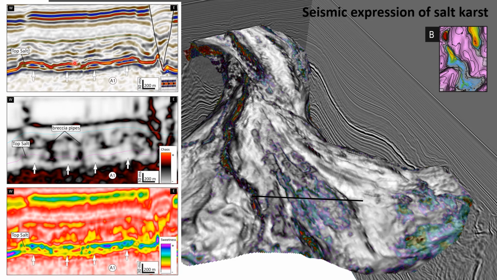Mounded features along the top salt are identified atop halite-rich salt walls. We interpret these features as less soluble residuum, potentially pockets of anhydrite left after dissolution of the halite-rich intrasalt.